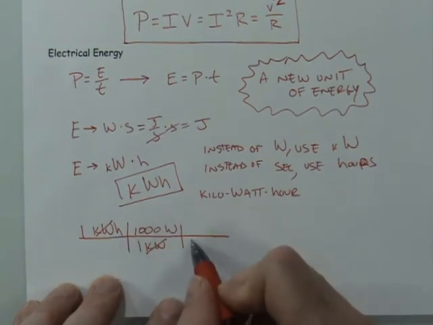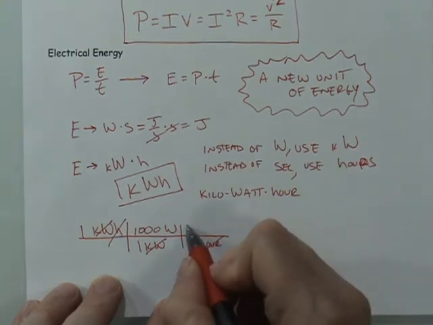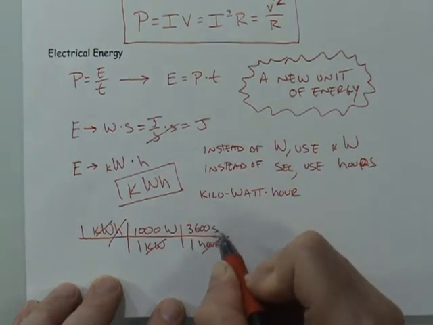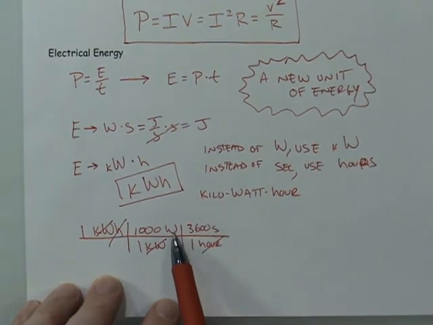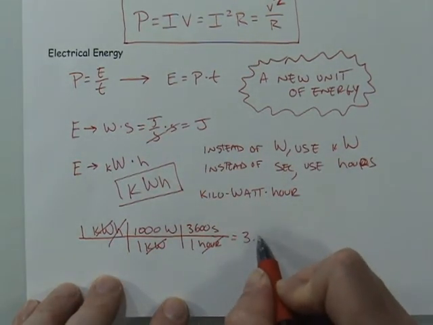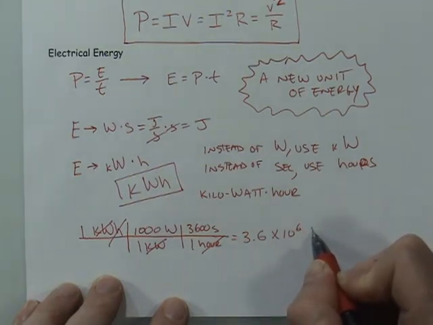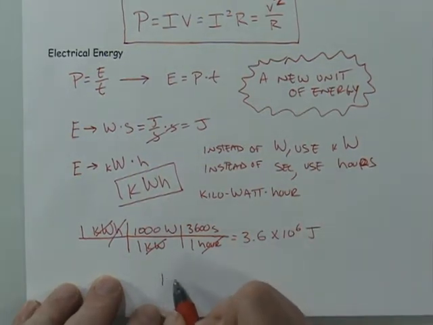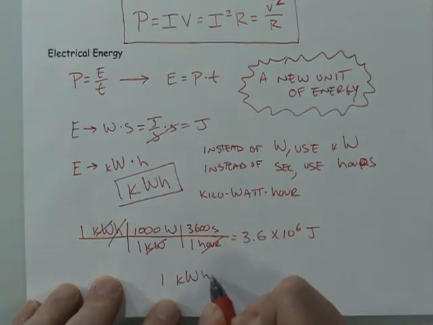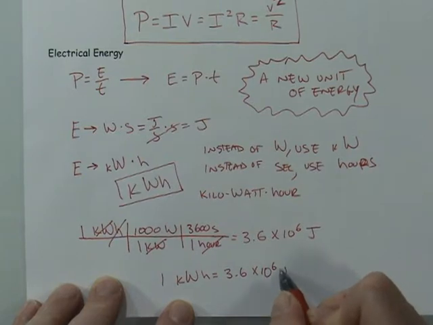Then we want to get rid of the hours, so the hours come down to the bottom and cancel, and there are 3,600 seconds in 1 hour. So I now have watts times seconds, which is exactly what I need to turn it into joules. And the answer is 3.6 times 10 to the 6th joules. That is to say, 1 kilowatt hour is equal to 3.6 times 10 to the 6th joules.